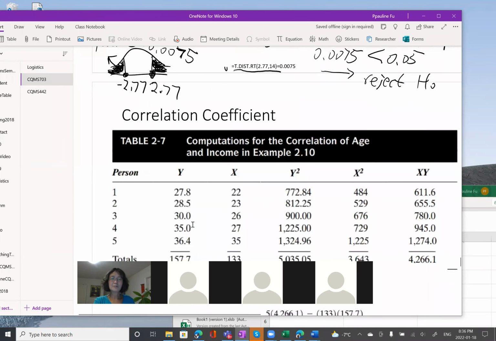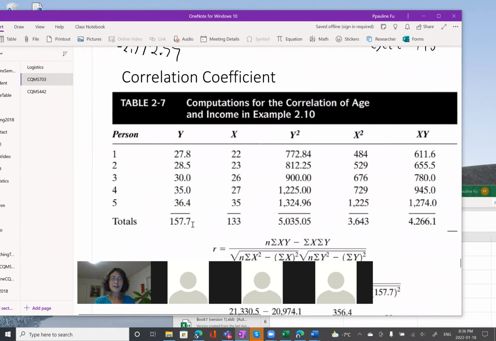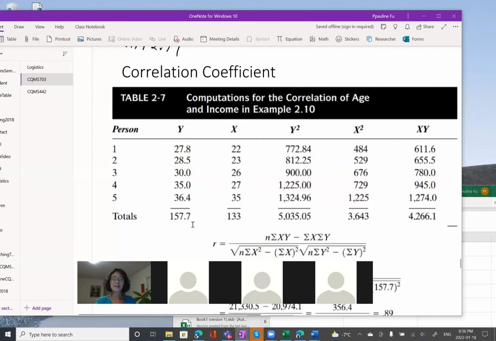So now let's move on to the next example, the correlation coefficient. In this example, we are going to calculate the correlation coefficient between X and Y. You have two methods.